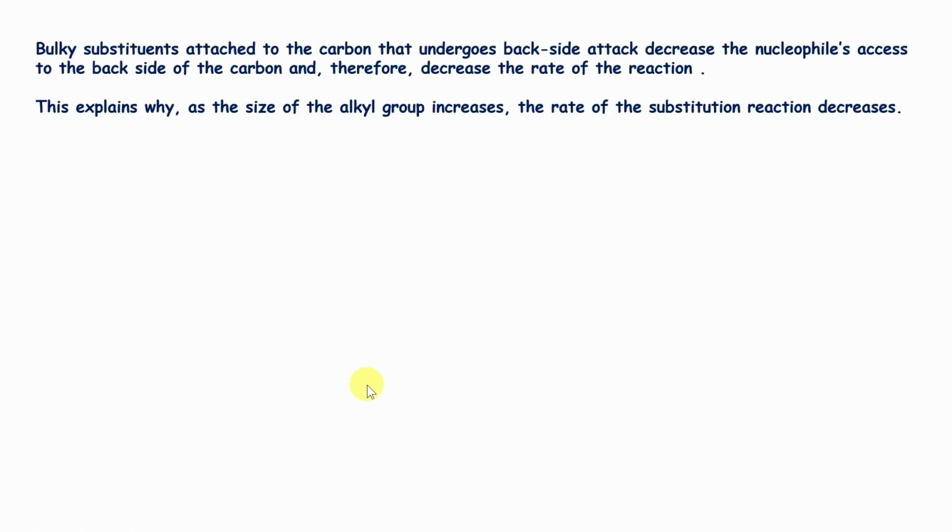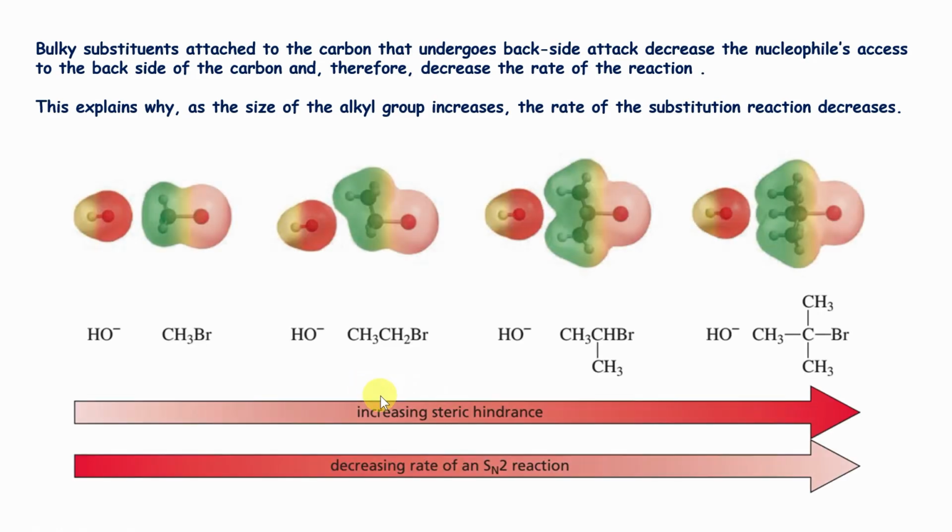The influence of the structure of the substrate molecule can be better understood by using this picture. You can see the bulky substituents attached to the carbon that undergoes backside attack decrease the nucleophilic access to the backside of the carbon, and therefore decrease the rate of reaction.